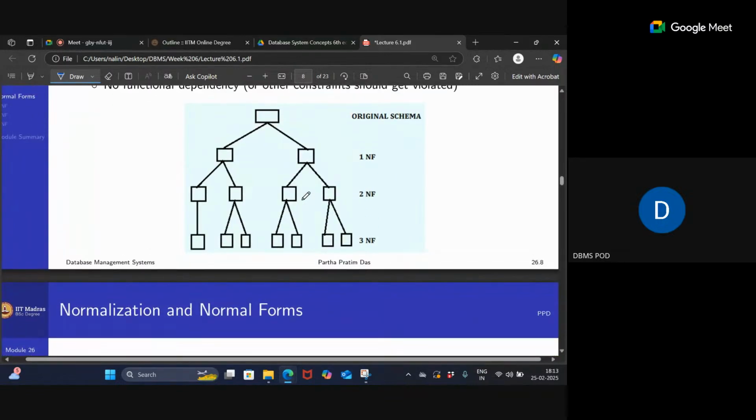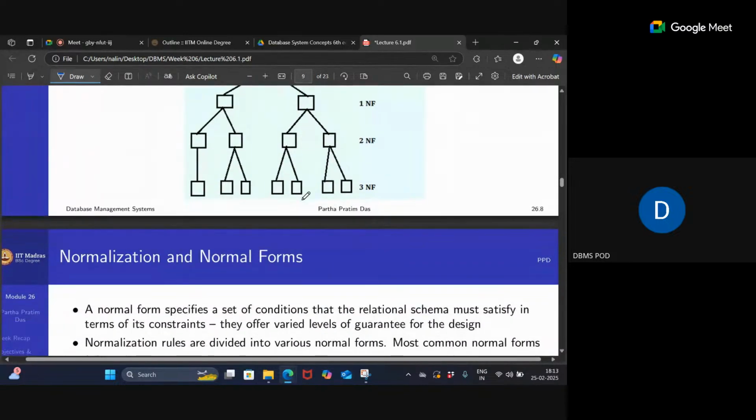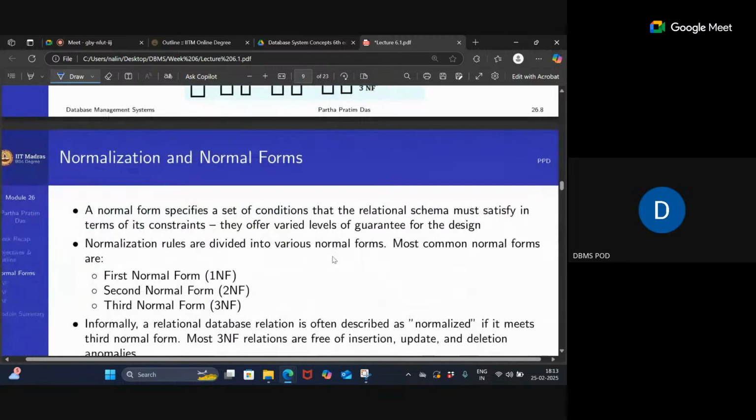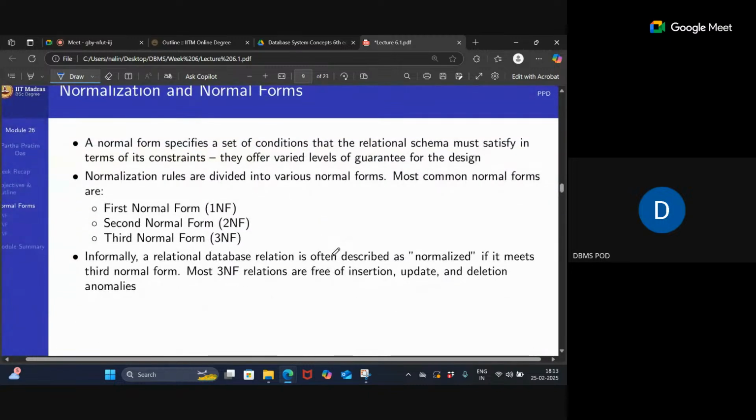So what happens when we decompose our table? The original schema can be decomposed into different tables to achieve 1NF, 2NF or 3NF, these kinds of normal forms. Let us see what a normal form is. A normal form specifies a set of conditions that the original schema must satisfy in terms of its constraints.